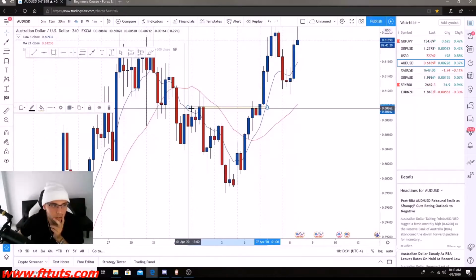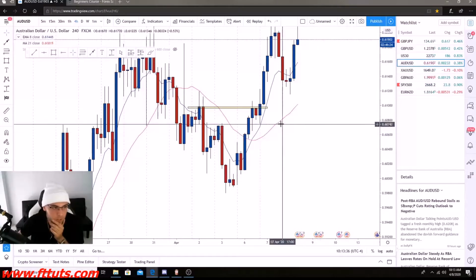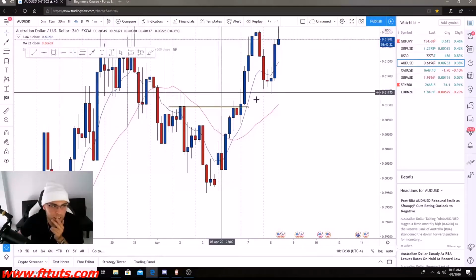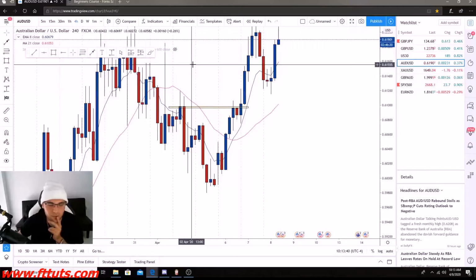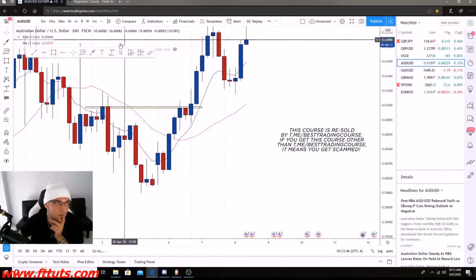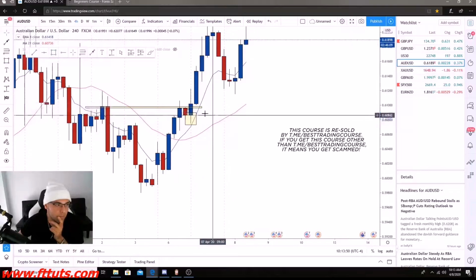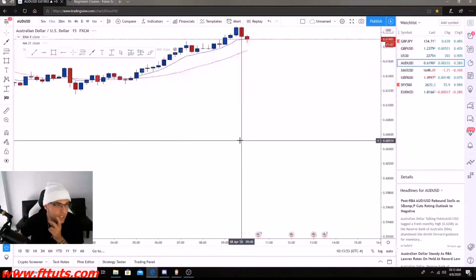Boom. So that's where it gets really tricky, because in this situation, we're on a higher time frame, and you always want to see where your support is on a higher time frame. So let's highlight this zone right here. And let's go to the 15-minute.